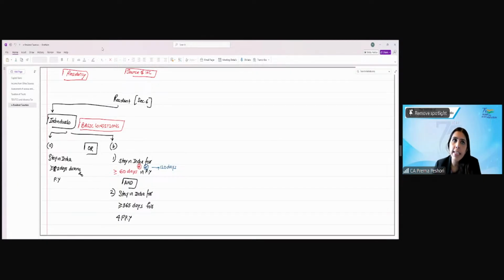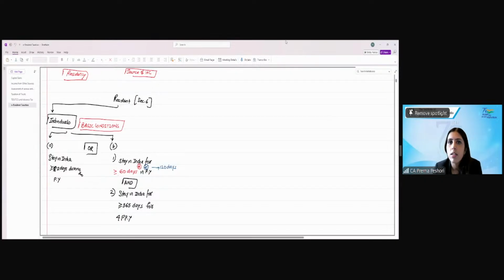So what do we understand by that? How is it different for a non-resident, and how is it for a resident? For a resident, the global income is taxed. For a non-resident, only income arising or accruing from India or income received in India is taxed.